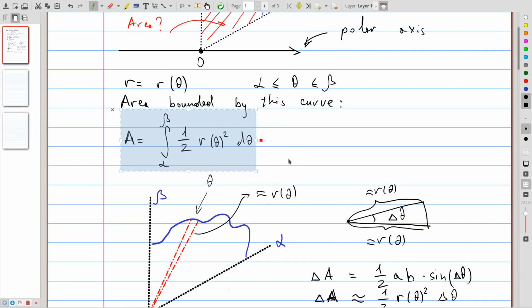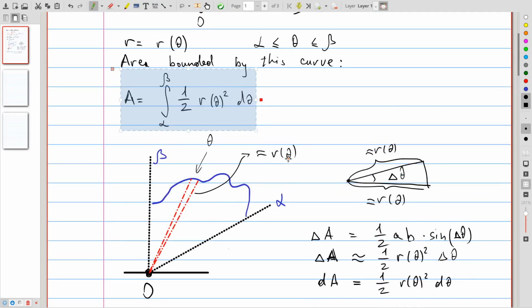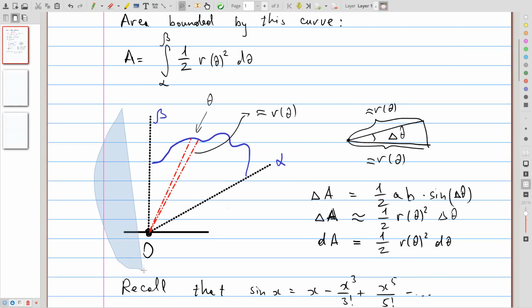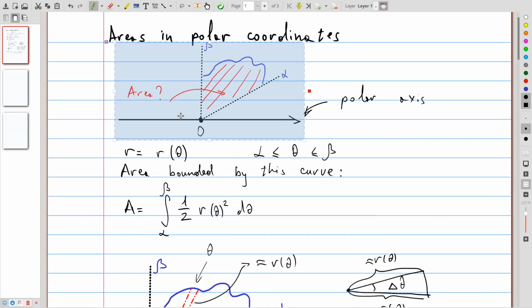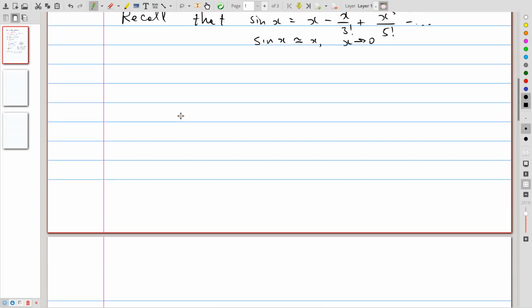So let us further complicate the picture a little bit. Let's say instead of an area bounded by a single curve, let's take this picture now. So now we'll have area bounded by two polar curves.